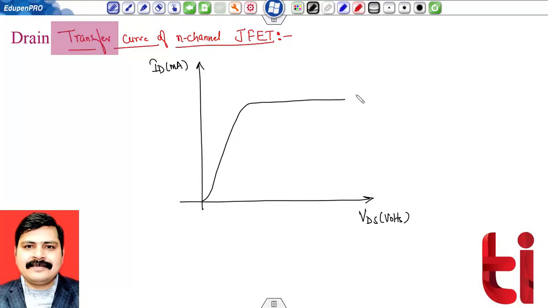This is for my value of VGS, which initially we have taken as 0 volts. There are some reasons, as I'm increasing the value of VDS, starting from 0 volts, and at some level, this is my VP, the pinch off voltage.